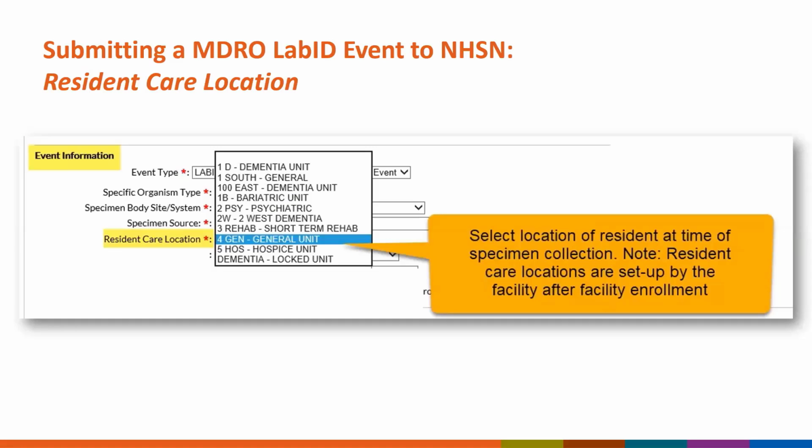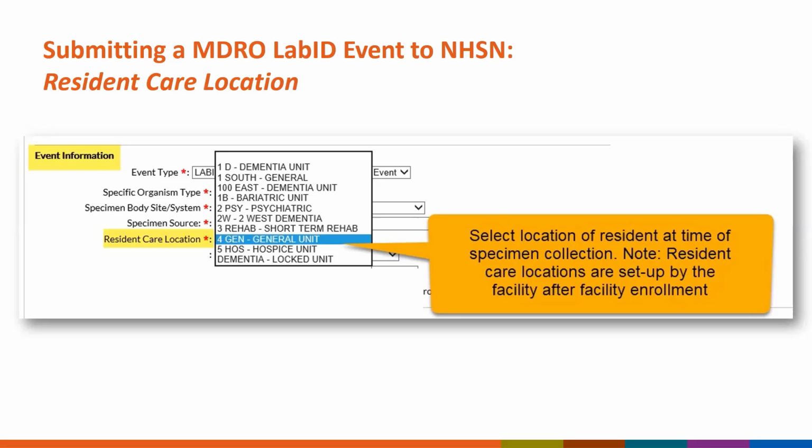The next box requires the user to enter the location of the resident at the time of the specimen collection. As mentioned during the CDI section, the populated resident care locations are the locations the facilities have added during the NHSN setup and should reflect all the resident care locations in the facility.